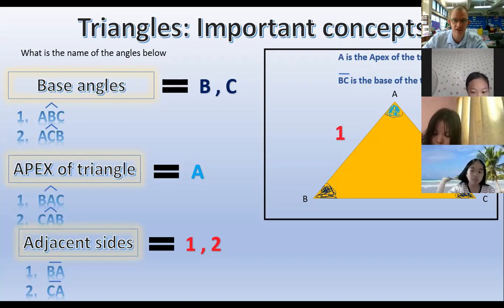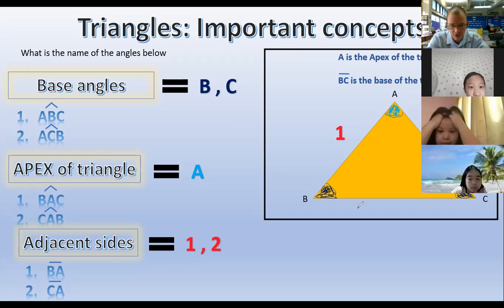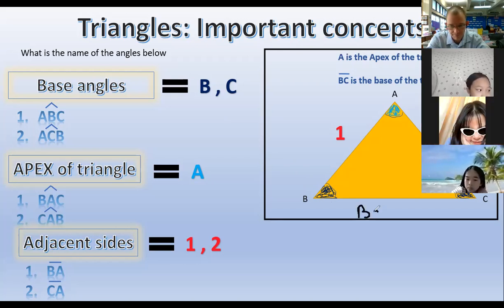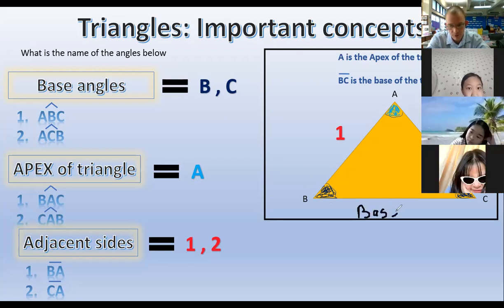So on this side here, I said that BC is the base. This is only an example. So the base is at the bottom here. Okay. So once we know where the base is, we can identify also where the apex of the triangle is. The apex of the triangle will always be opposite side of the base.